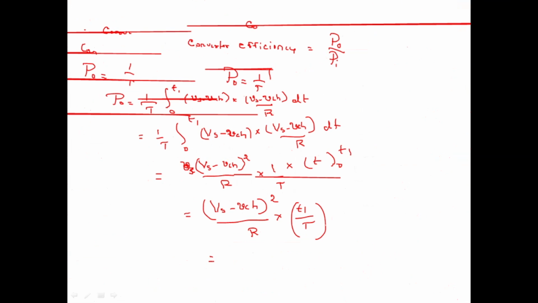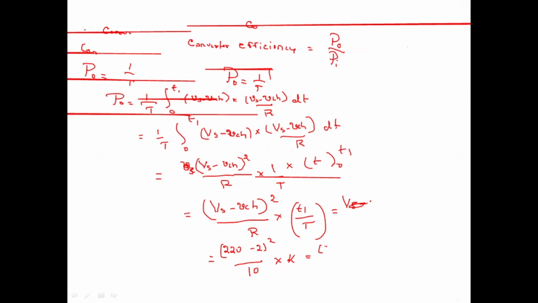So what is this? We'll substitute all the values. Vs is 220, V chopper is 2 volts, whole squared, divided by R which is 10 ohm. T1 by T means K. K is 0.5, 50%.